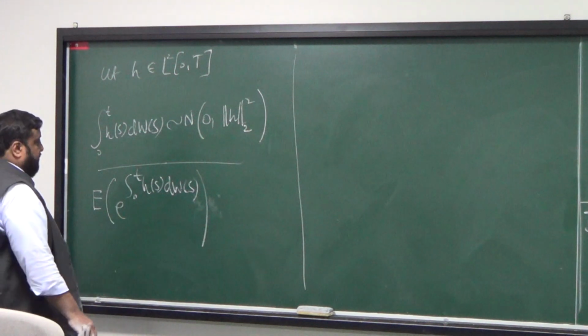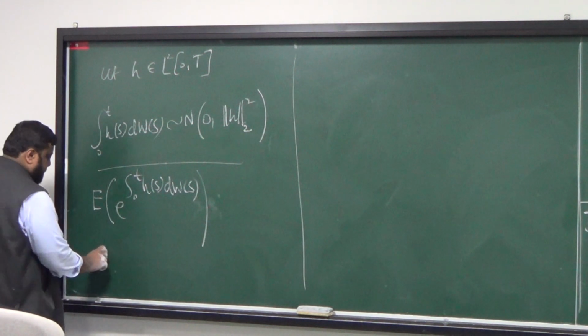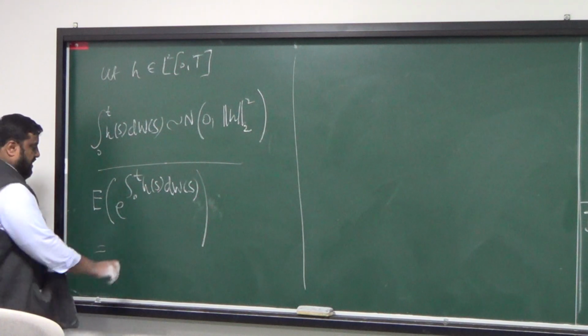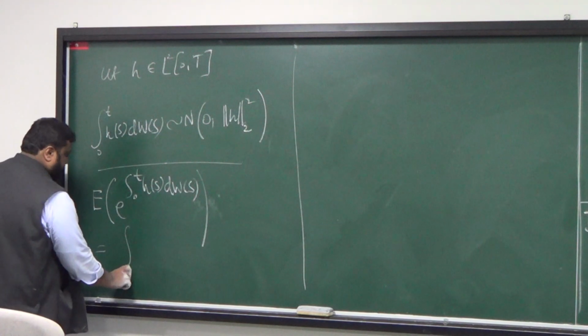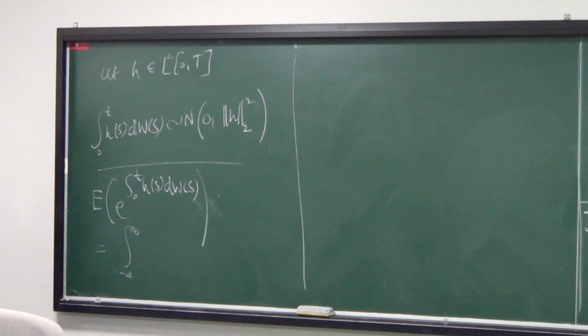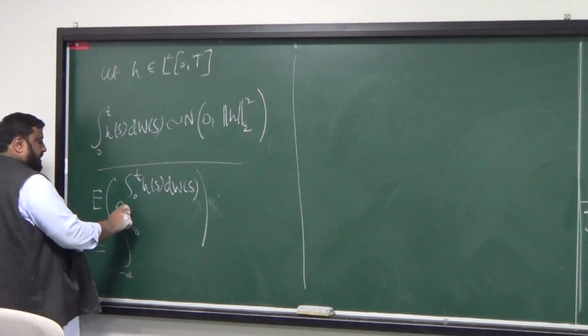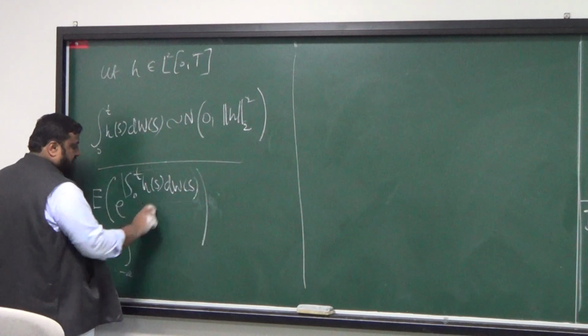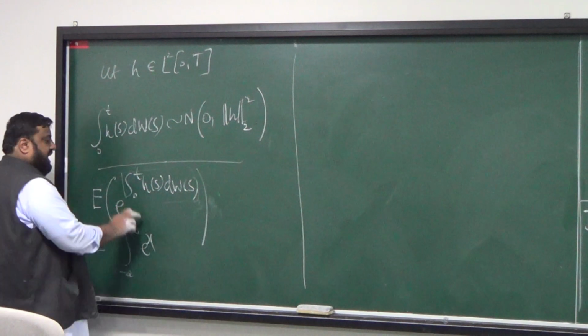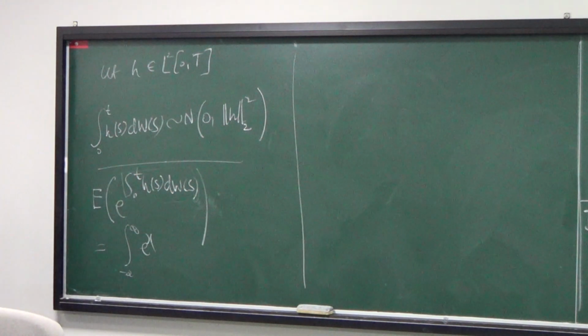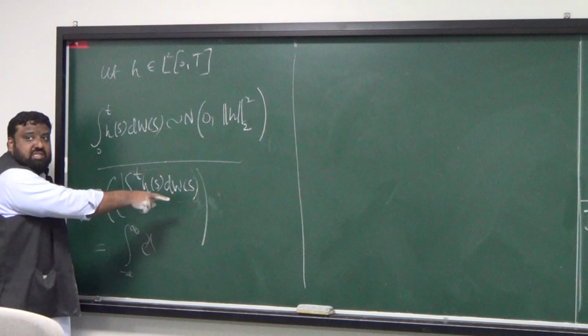So the expectation of this is going to be, okay, so you need to integrate, say for example, from minus infinity to infinity. I'm not getting into the whole computations, I'm just mentioning it and leaving it. So I want to integrate this guy: e to the x, and by x I mean this, times the PDF of this guy.